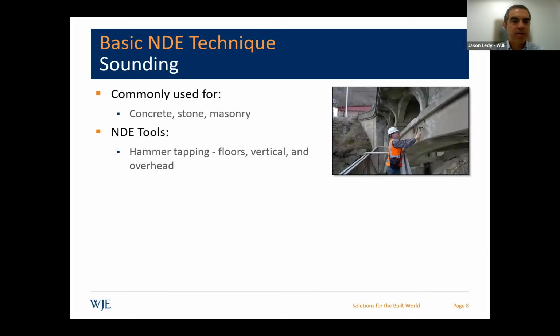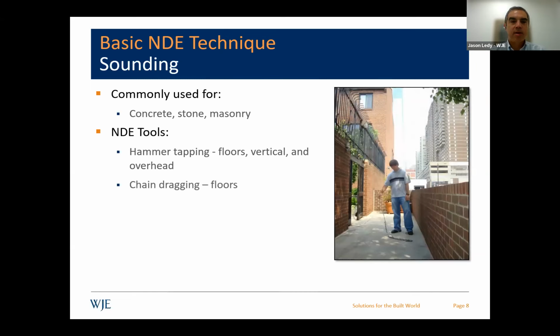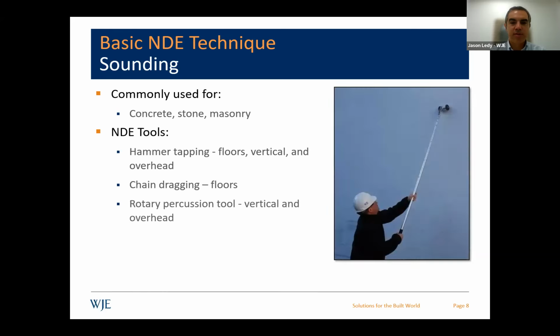Another fairly useful technique is sounding. It can be used for concrete, stone, and masonry, and usually involves hammer tapping for floors, vertical and overhead surfaces. You can also use what's called a chain drag evaluation, where you drag a steel chain on a surface, and you can listen for changes in the sound of the material you're sounding, with the goal of identifying areas of delaminations in those surfaces.